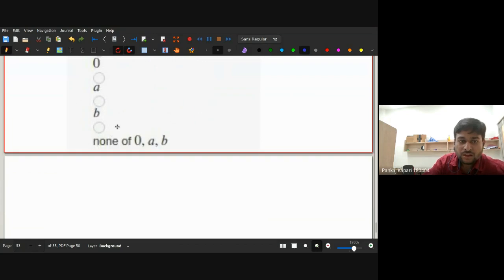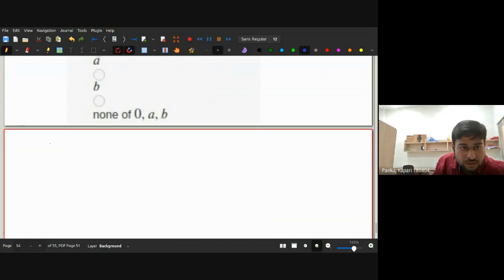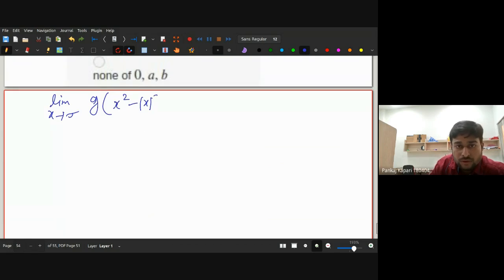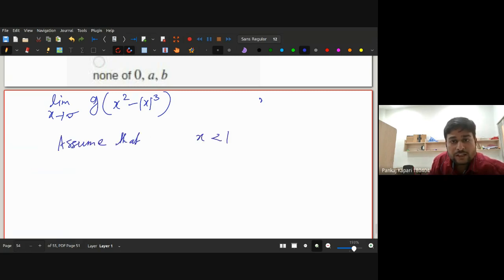Okay, so you have to find the limit as x goes to 0 from the left of g of x square minus mod x cube. Because you are approaching 0 from the left, the same trick you can apply here: assume that x lies between 0 and minus 1.